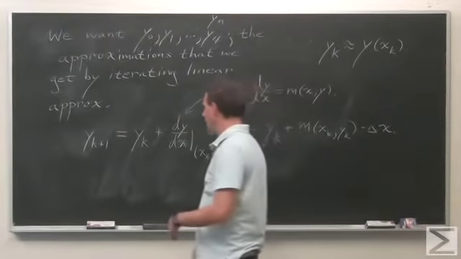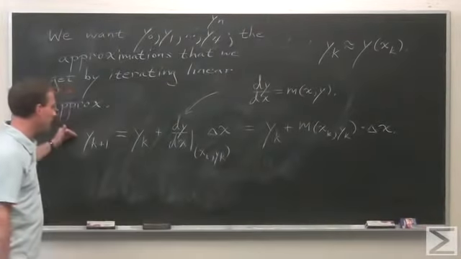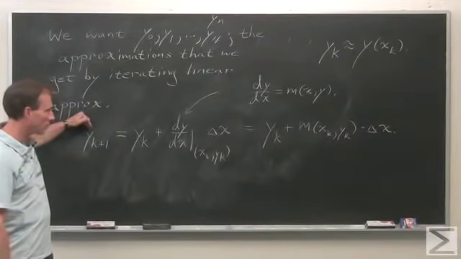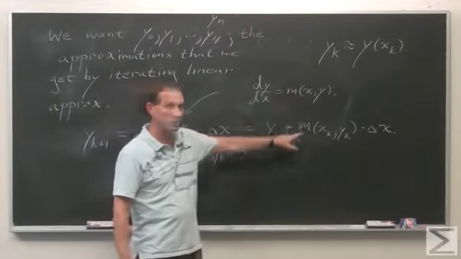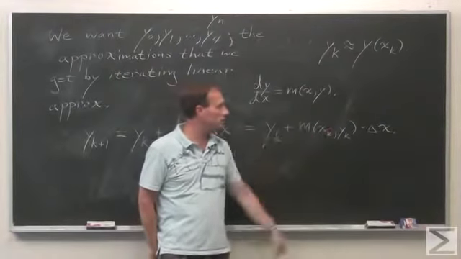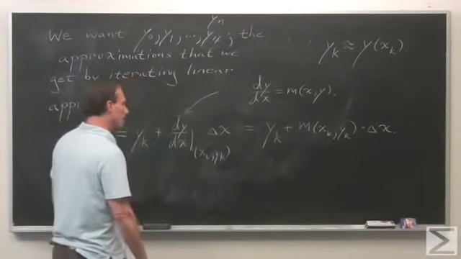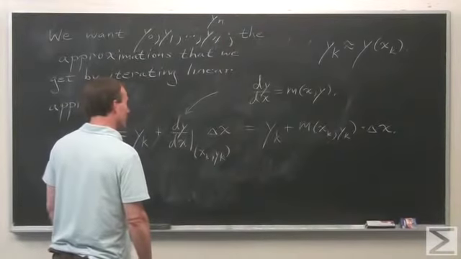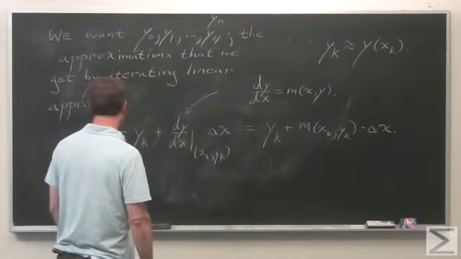And so this is Euler's method, that each y value is the previous y value plus the function that appears on the right-hand side of your differential equation times delta x. And that's all you do over and over again, and this is easy to put into a spreadsheet and fill down.